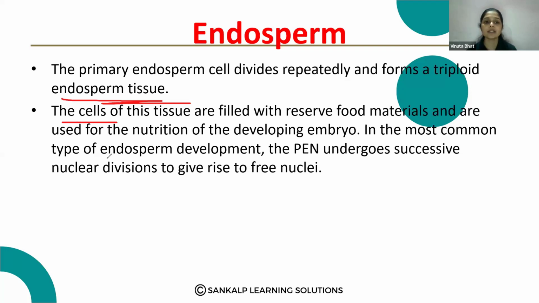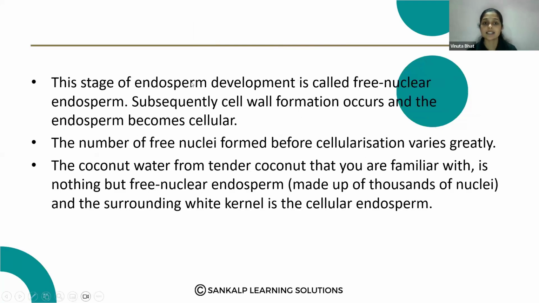In the most common type of endosperm development, the primary endosperm nucleus undergoes successive nuclear divisions to give rise to free nuclei. There are different types of endosperm. This stage of endosperm development is called free nuclear endosperm.